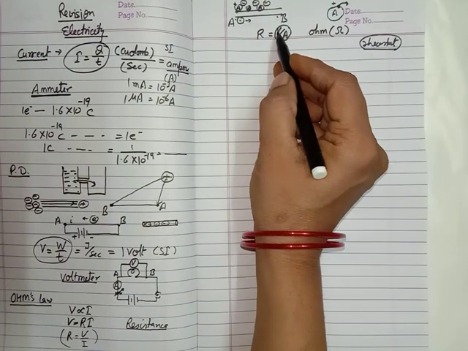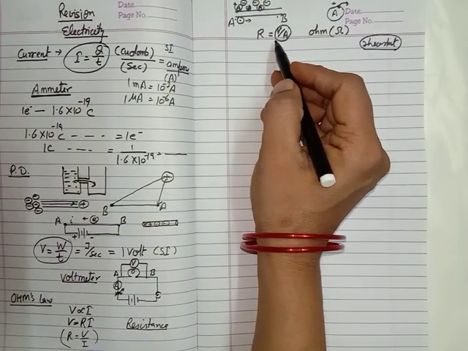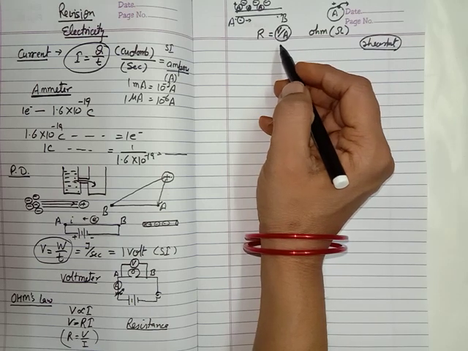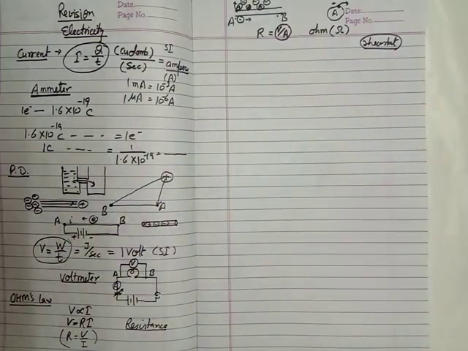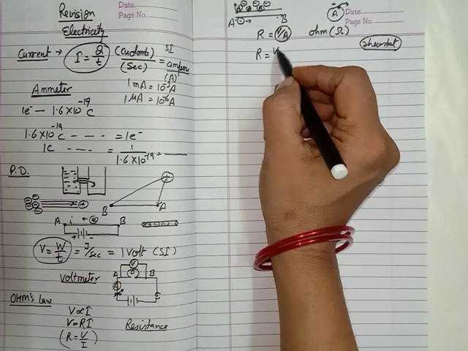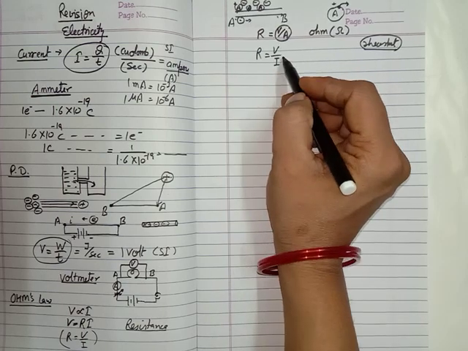At constant potential difference, we can find the relation between the resistance and the current. If we double the current in the circuit, what will happen?